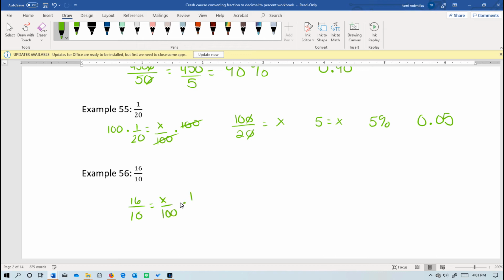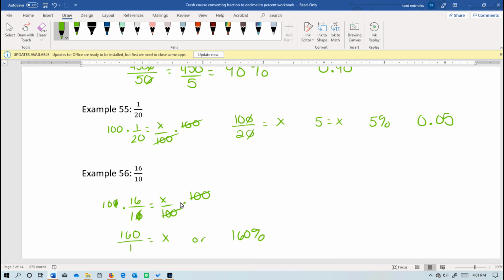All right, to get rid of that 100, I got to multiply both sides by 100 so that these cancel. I also, as a trick, can cancel a 0 on the top and the bottom now. So that means I would have 160 over 1 equals x, or 160%. Now let's look, because that's a big percent.